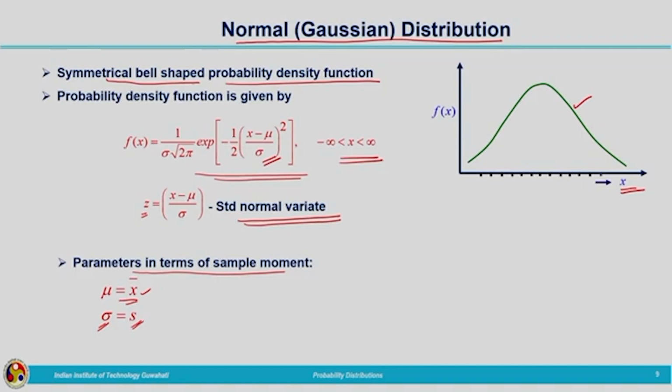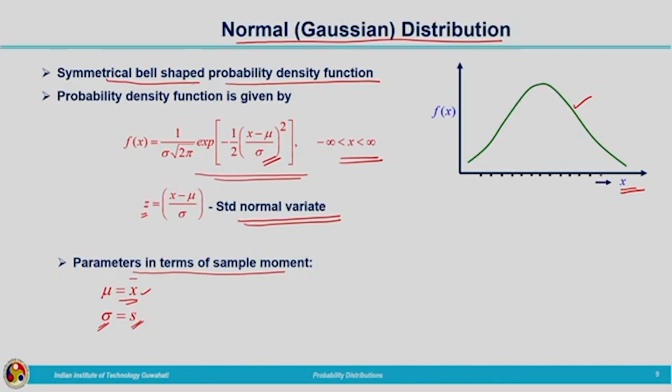So, in the case of normal distribution, we can consider the population mean and population standard deviation as the sample mean and sample standard deviation. That is, these are parameters in terms of sample moments. Mu is equal to x bar and sigma is equal to S.